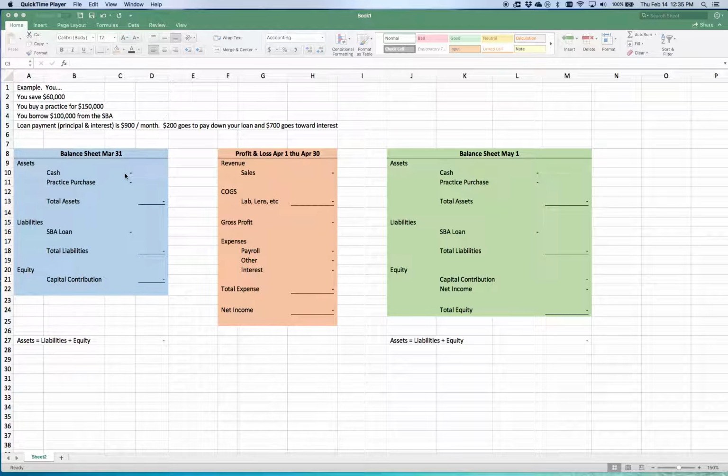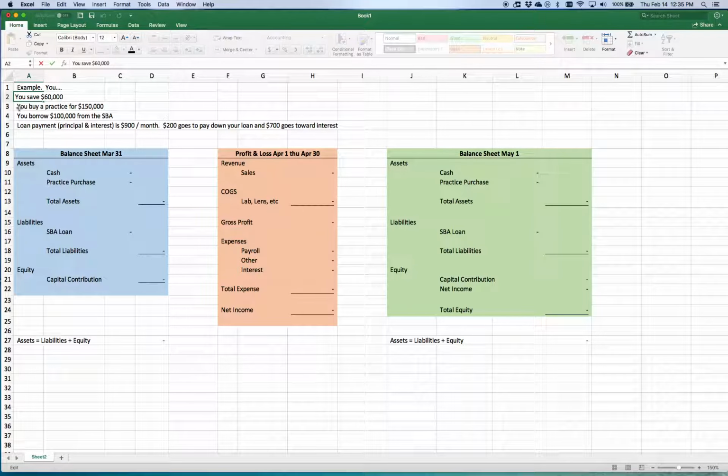I've put together an example. Let's say that you have saved $60,000. You want to purchase a practice, and the cost of the practice is $150,000. In order to finance this purchase, you've decided to contribute $50,000 toward the purchase, and you're going to borrow $100,000 from the bank or the SBA.